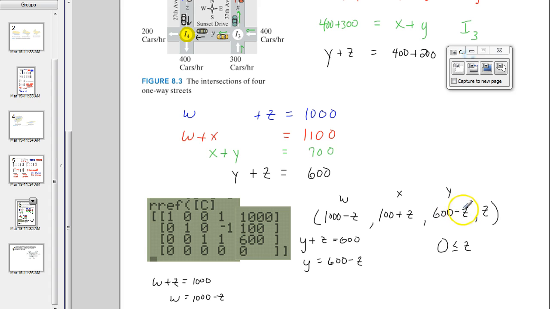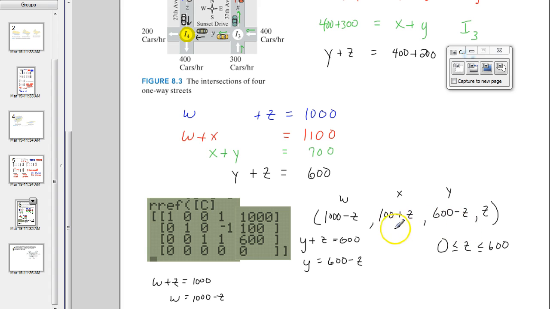So these can't be negative either. So the smaller of these two would be 600. If z were bigger than 600, like 601, there's a negative number here. Okay, so the biggest that z can be is 600, and that would make 0 cars on whatever street y is.